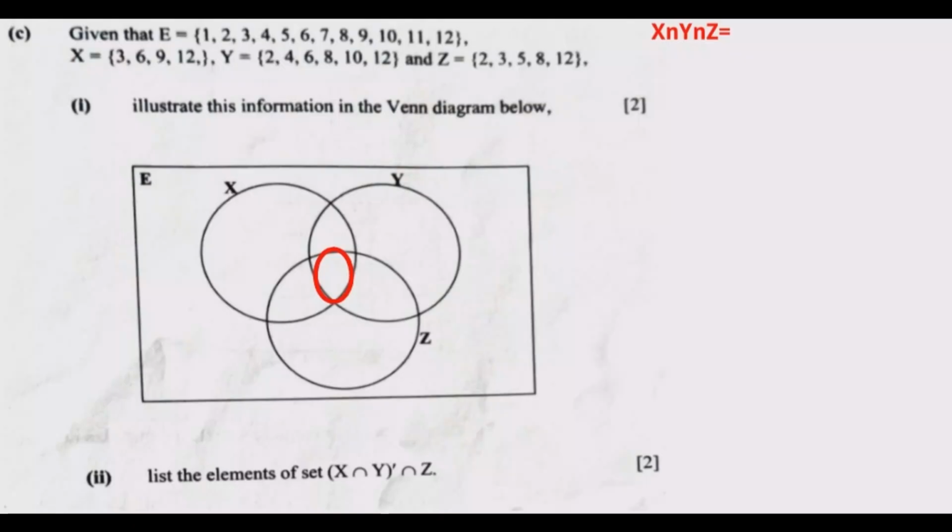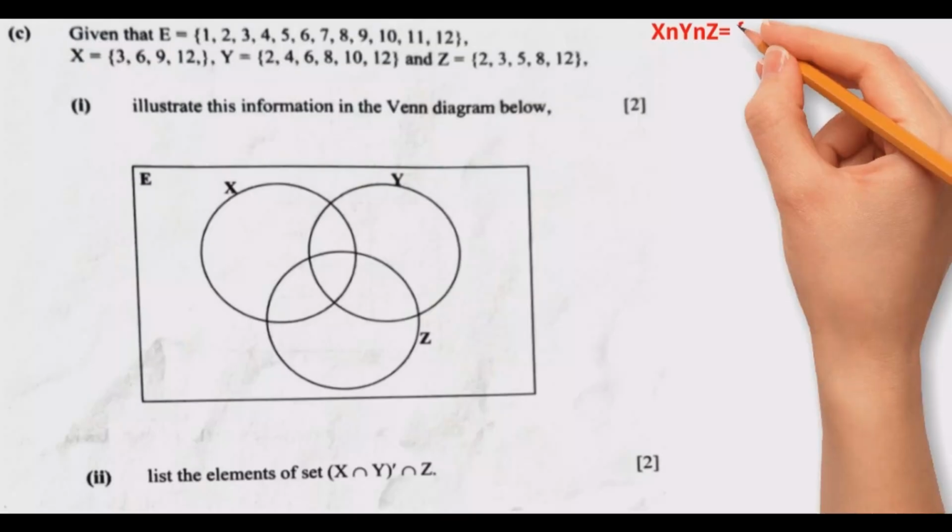Looking at 3, it is found in x as well as in z, but not in y. 6 is found in x and y, but not in z. 9 is only found in x. 12 is found in x, y, and z.